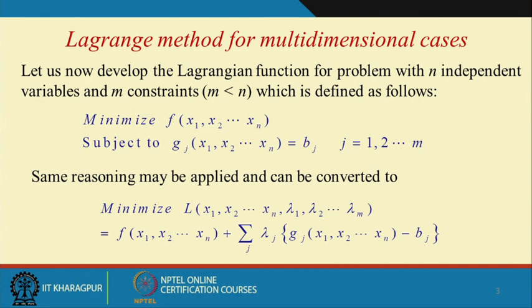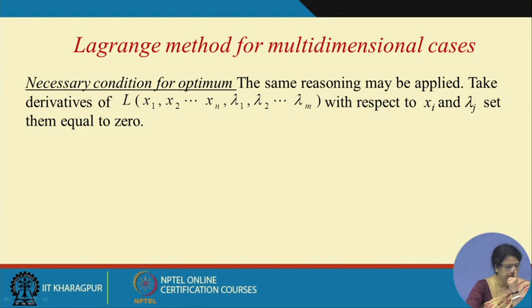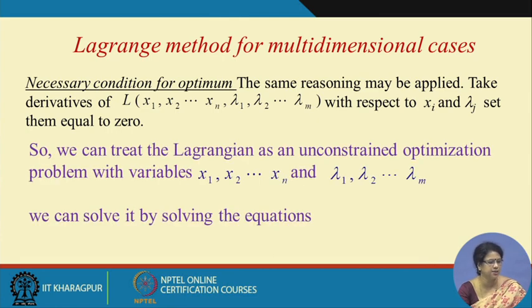Let us do minimization of L with m plus n variables. There is no other change, only we have considered the summation of all lambda j times g j minus b j. Here also we can say the same thing: the necessary condition is that the grad of L must be equal to 0. From there we will get the necessary conditions.